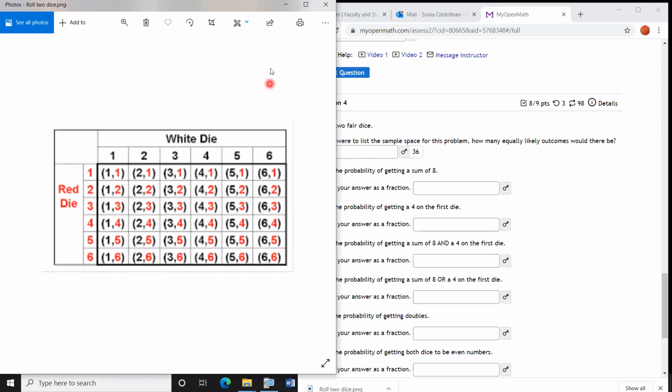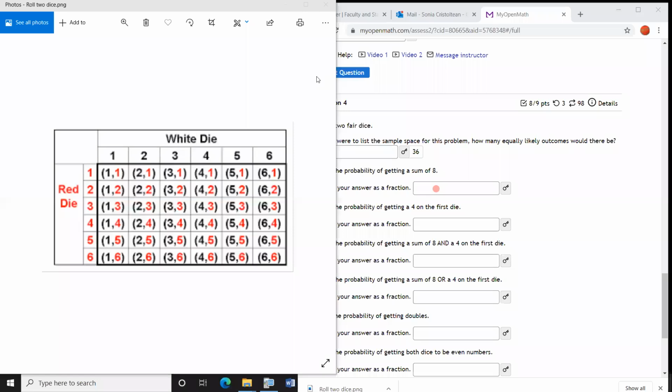And let's see if I can use my pencil to kind of point out. 2 plus 6, then a 3 and a 5, then a 4 and a 4, 5 and a 3, and a 6 and a 2. We kind of follow a diagonal pattern. And if we count all of these options, you can clearly see that the answer is 5 out of all of these 36 outcomes. So I will clear the drawing and I'll come back here.